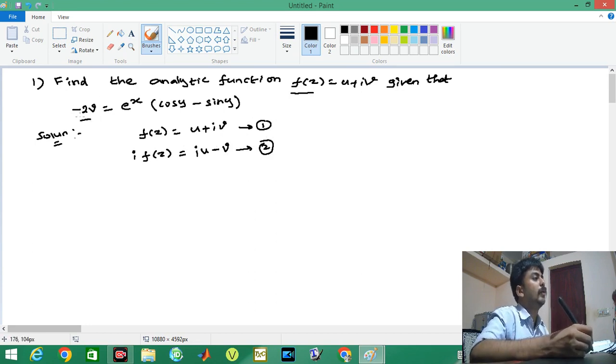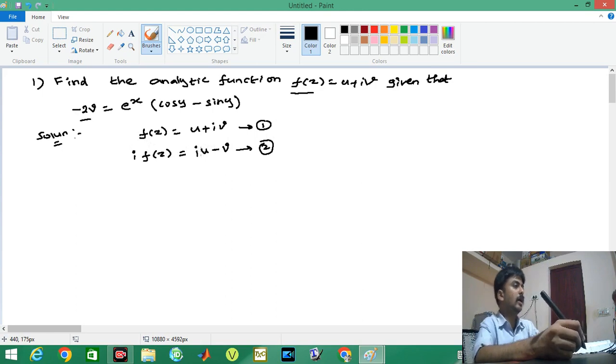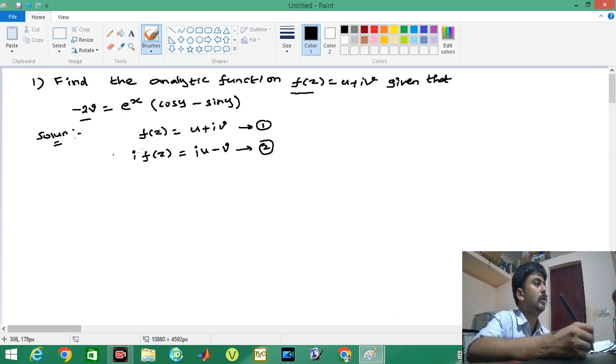We have to get minus 2v. So how to get that minus 2v? Now I am going to multiply the second equation by 2. Okay, second equation by 2. So what will I get?